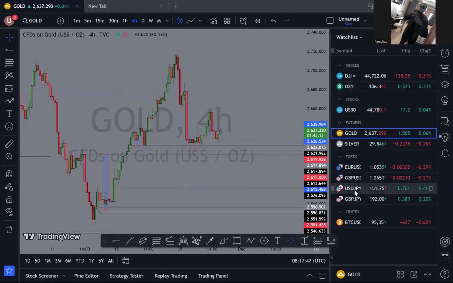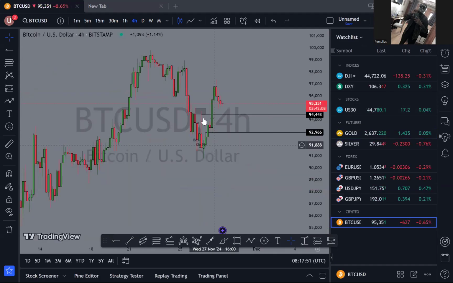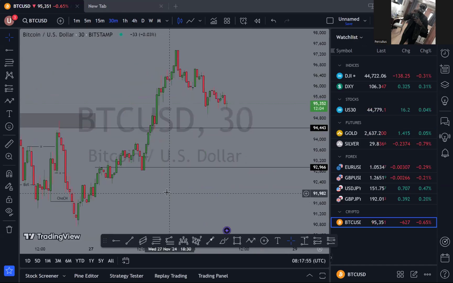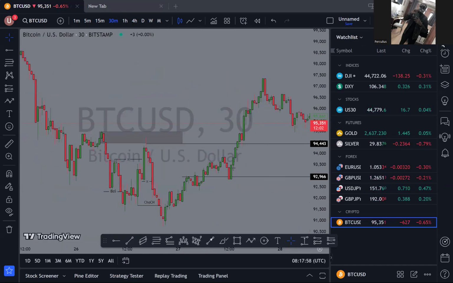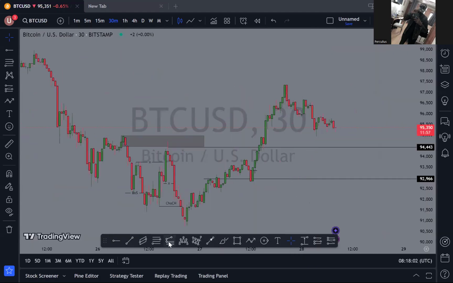Let me just give you another quick example on Bitcoin that I traded yesterday. 30 minutes. I remember I shared this with the group. And so I saw the structure right here. This was the structure.